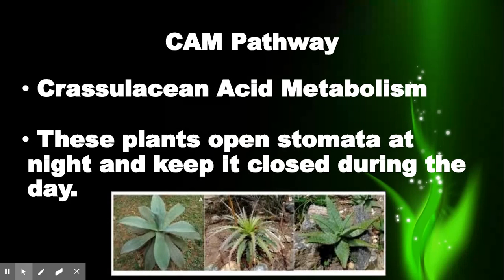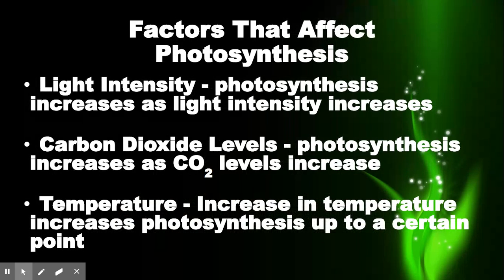Likewise, the CAM pathways are very similar and more efficient, and these plants keep their stomata open at night and closed during the day to maximize the use of their carbon dioxide, water, and oxygen.